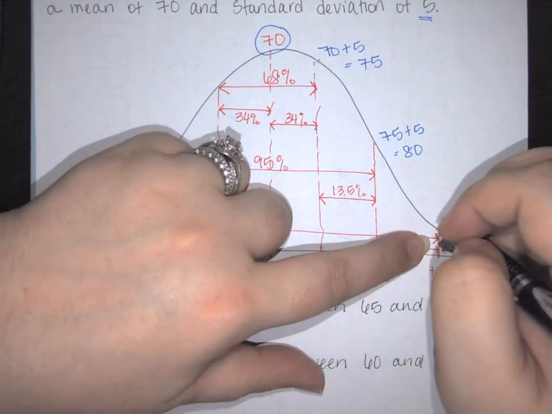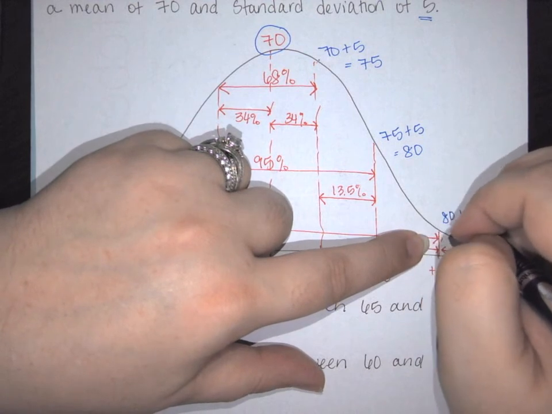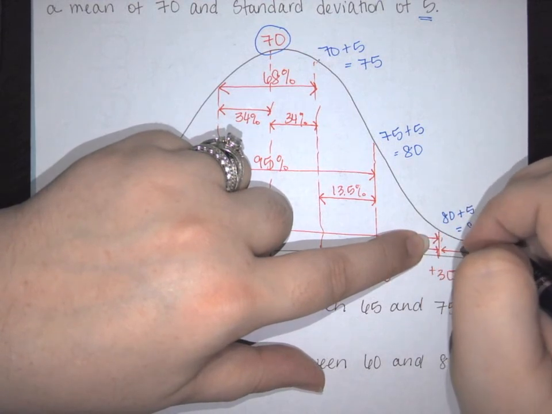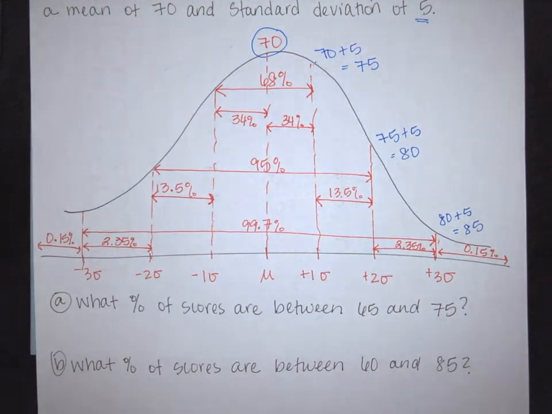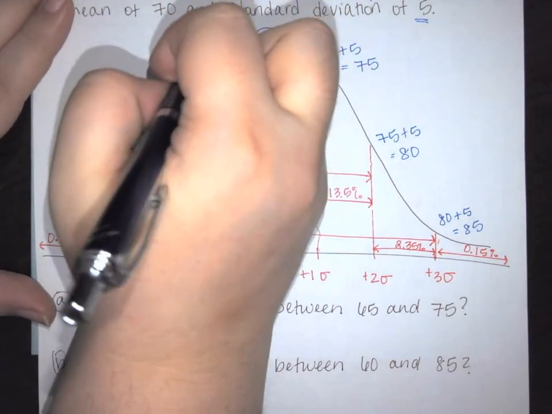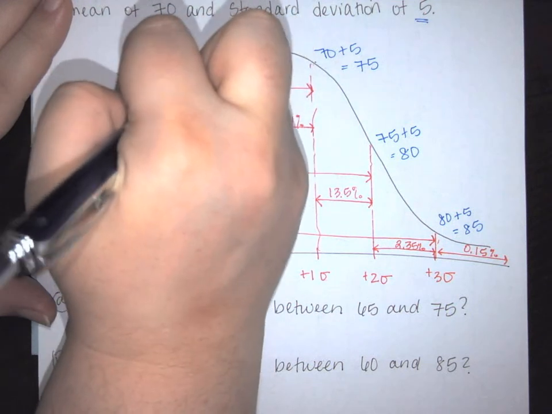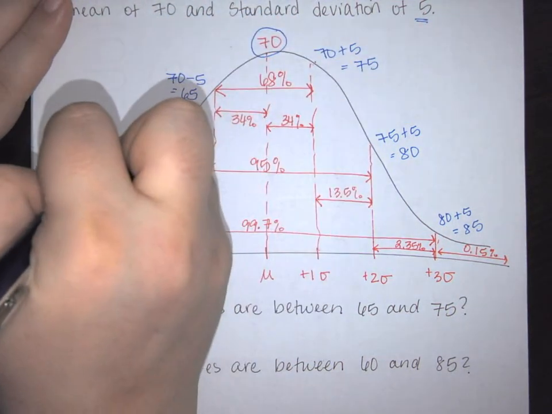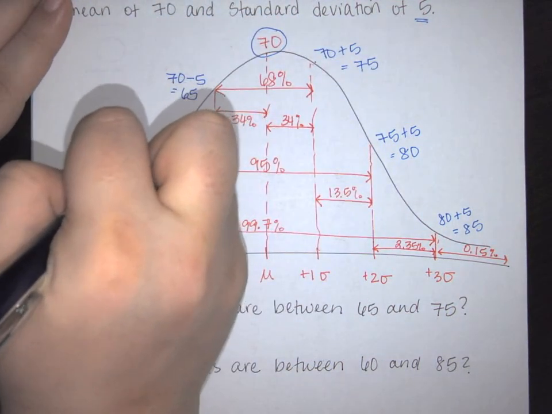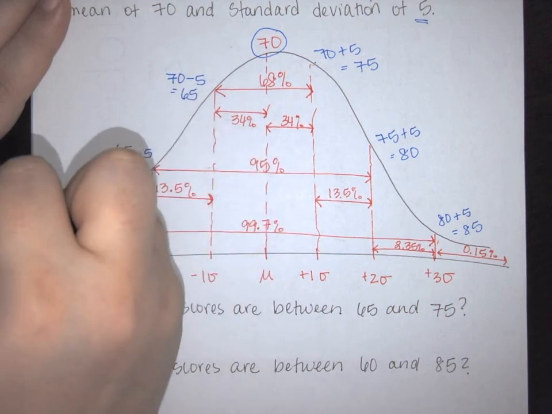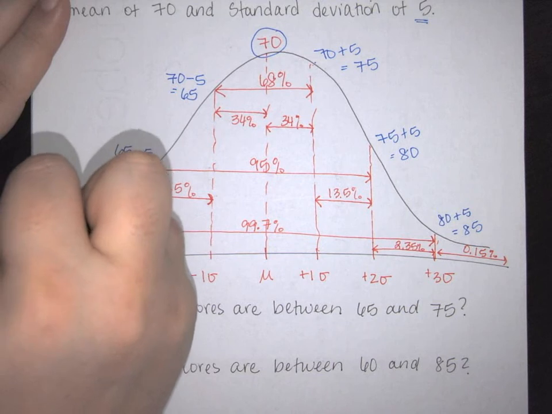To get to my third is going to be 80 plus 5, which gives you 85. You need to subtract on the other side. So my negative first would be 70 minus 5, which is 65. We would have 65 minus 5, which is 60, and then 60 minus 5, which gives you 55.